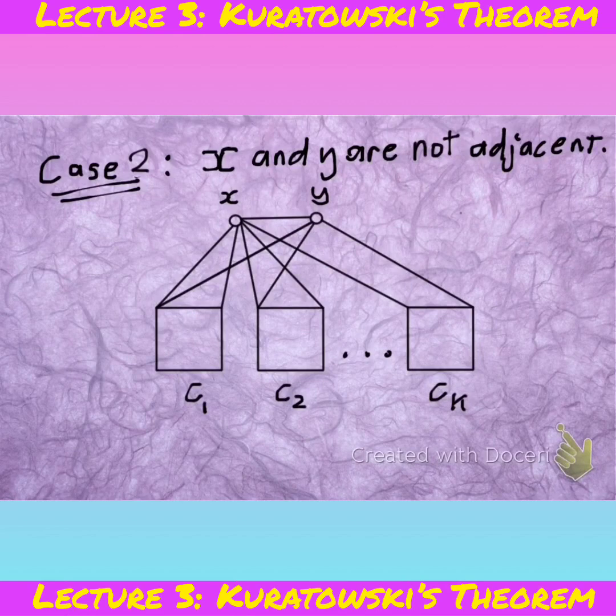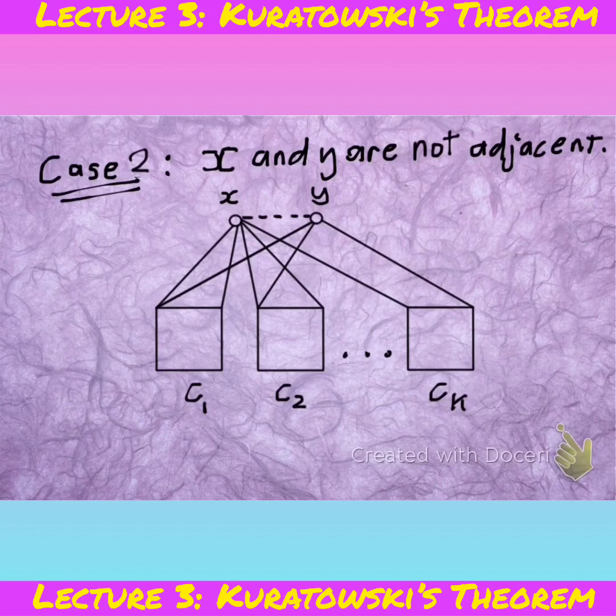Right, so let's look at the second case. That's a case where x and y are not adjacent. Right, so we are going to remove that h there, and now x and y are not adjacent. So what we're going to do is just join x and y with an artificial edge.